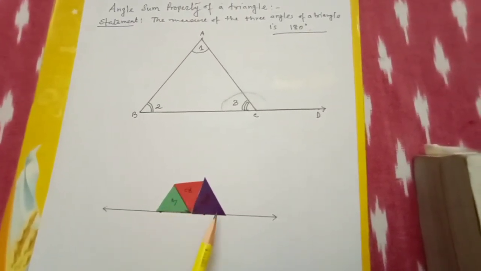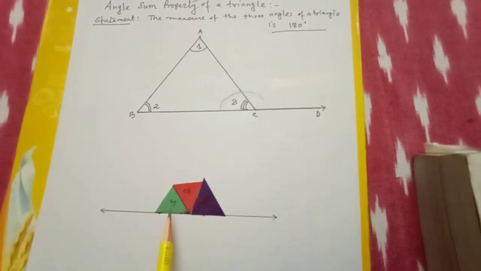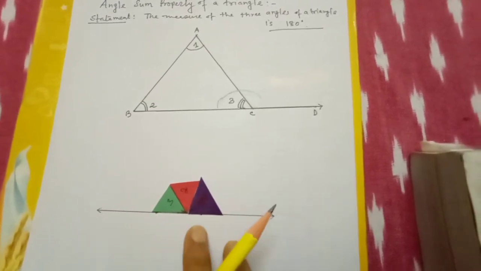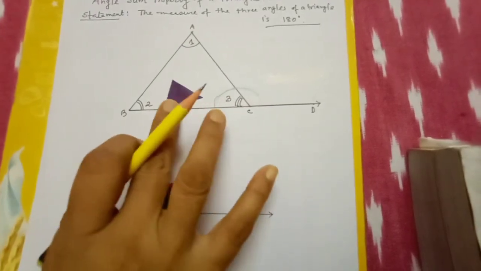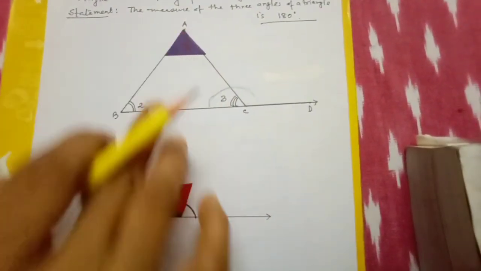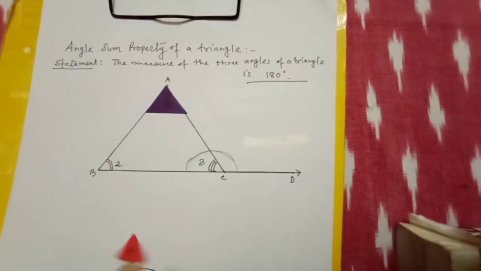Is there any confusion? No. Then come again to see that these are the three angles of the triangle, which make 180 degrees.